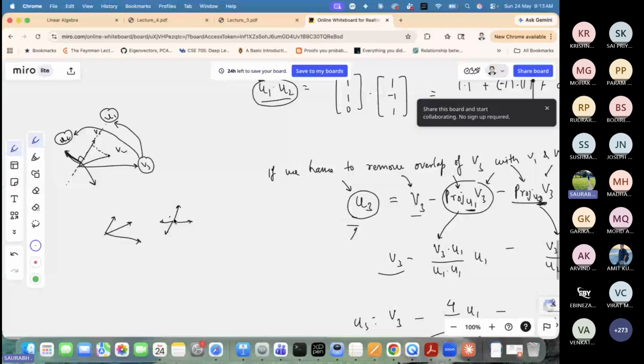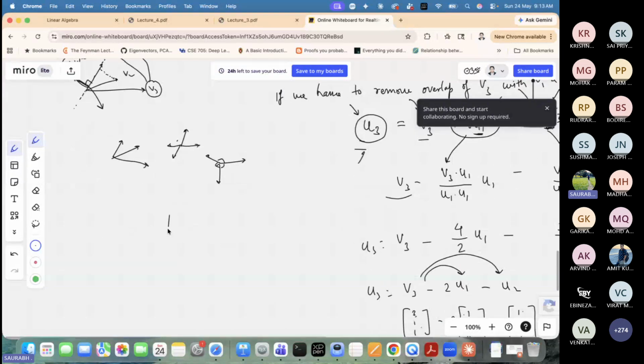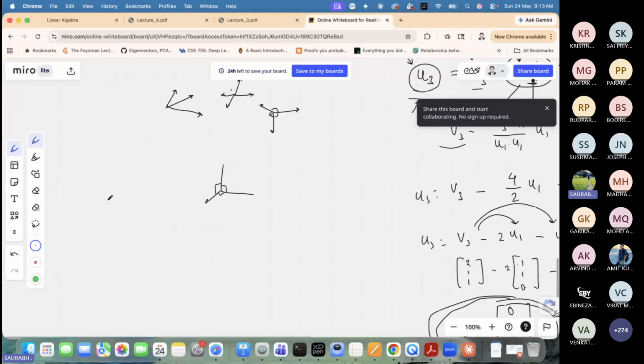A mutually perpendicular case can only look like this. The only way that can happen is if we are looking at a three-dimensional point of view. Three vectors are perpendicular to each other only when you have the third dimension, right? So in 2 dimension, you cannot have three vectors which are mutually perpendicular to each other.